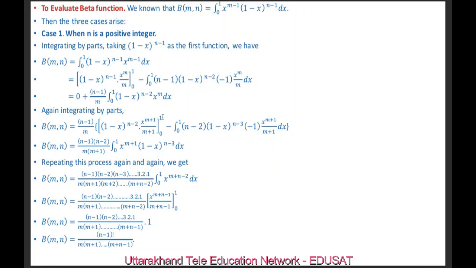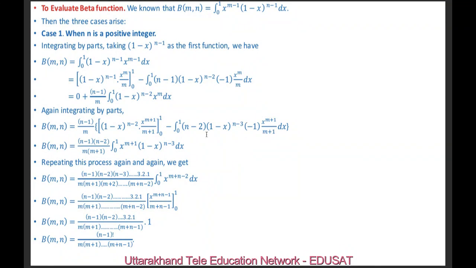So if we substitute the upper limit here, this will be 0. If we substitute the lower limit here, this will be 0. So in both cases, this term is 0. So we have (n minus 1) upon m, and from here n minus 2 and this m plus 1.